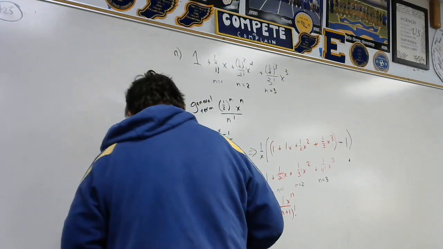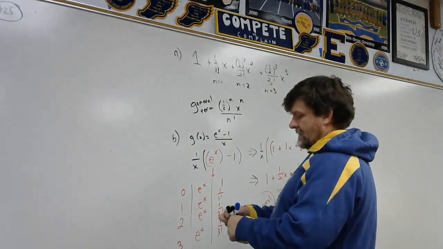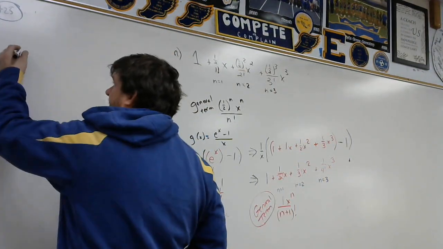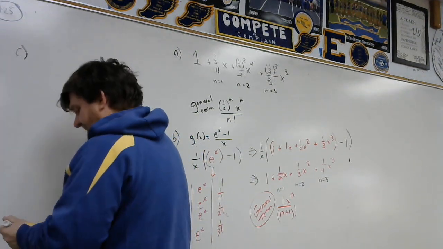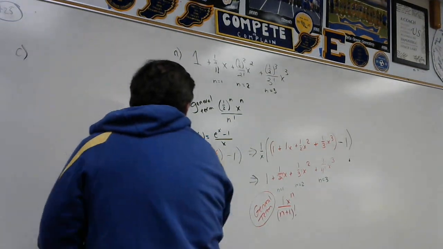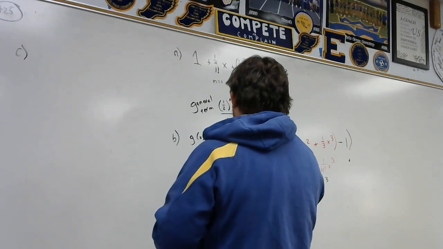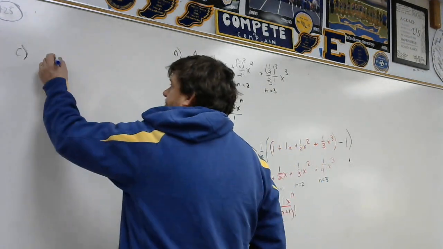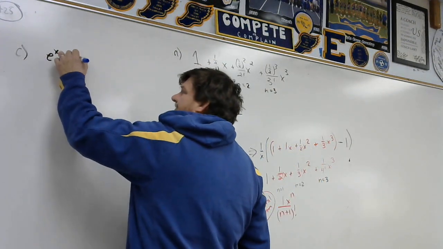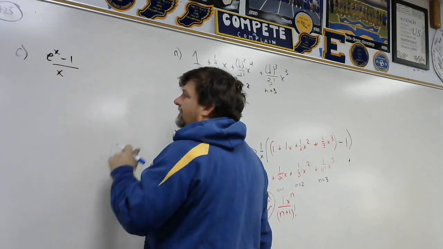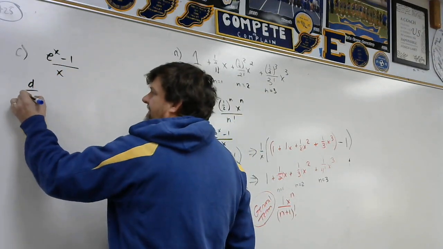So this was B right here. So now C, we're going to take our e to the x minus 1 over x, and we want to apply the derivative of that.